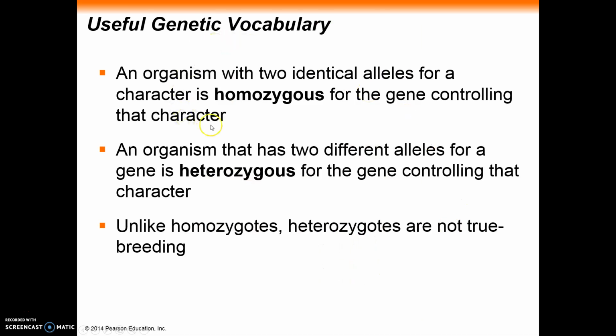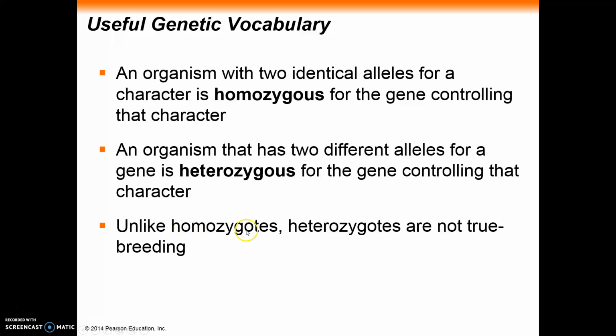So a couple of useful terms to come up with here. One is when you have two identical alleles, such as big P or little p, we call that homozygous. Conversely, if you have two different alleles, so when you have big P and a little p, we call that heterozygous.